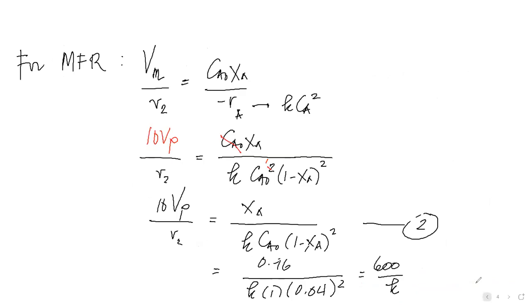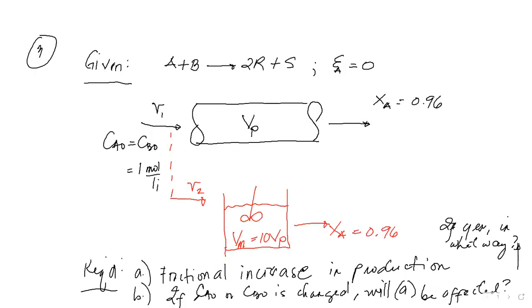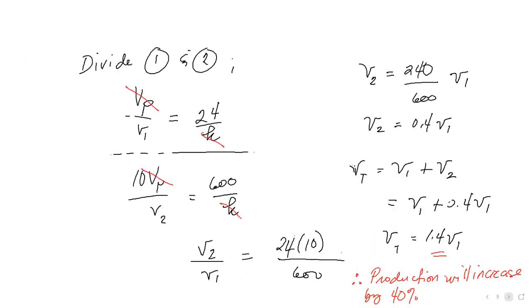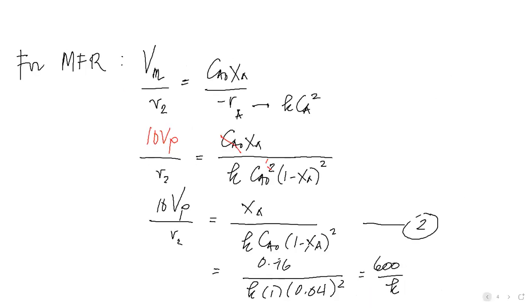Let us go back. If CAO or CBO is changed, will A be affected? So will A be affected? So let's go back to our performance equations. If we will simplify our performance equation without having to substitute the values, let me have an expression. This one is already good because it's an expression.